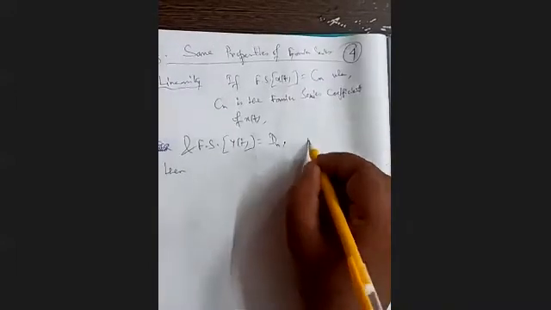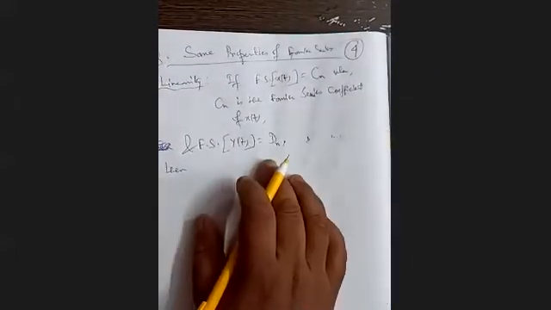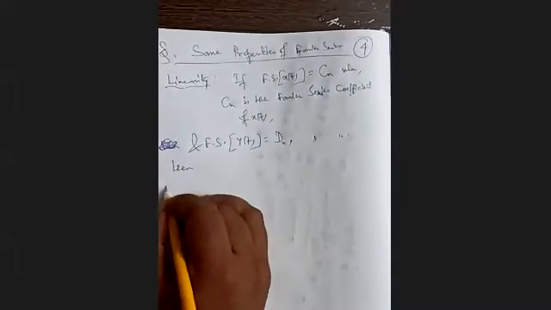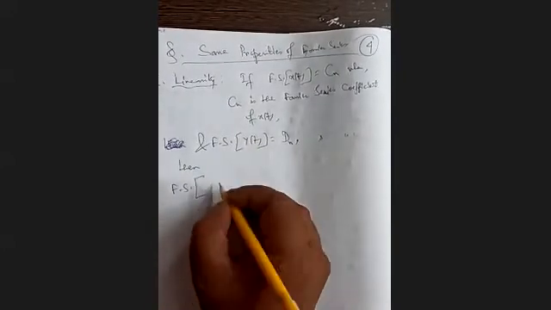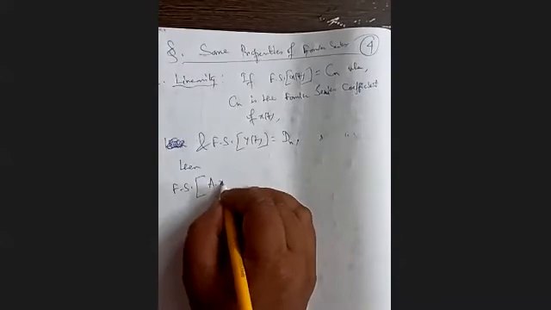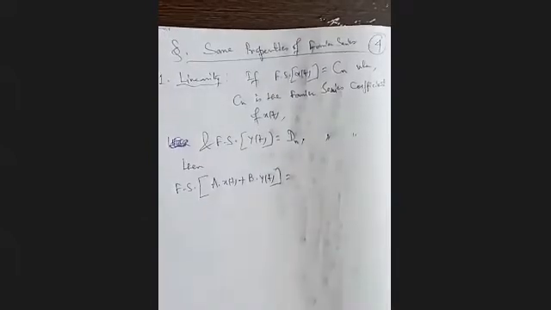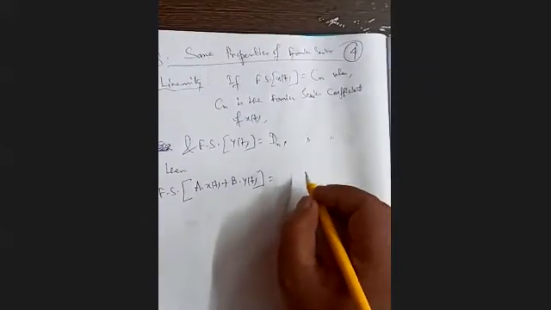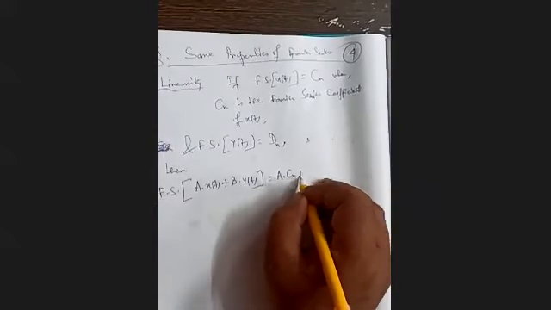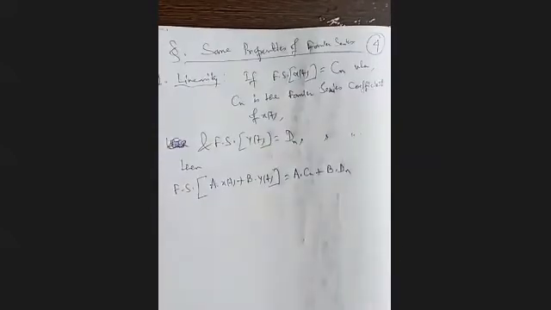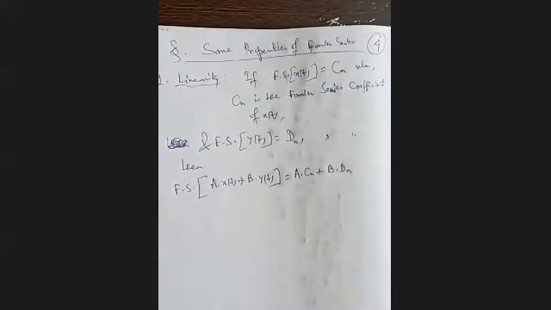Then the Fourier series coefficient of capital A into x(t) plus capital B into y(t), where A and B are two constants, will be capital A into Cn plus capital B into Dn, where A and B are the weighting factors with which the two signals are linearly combined.